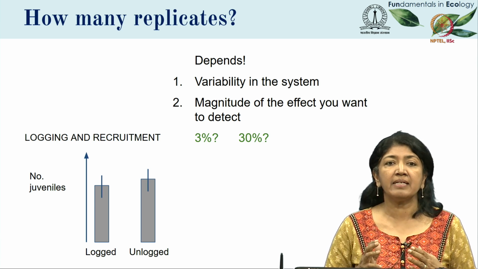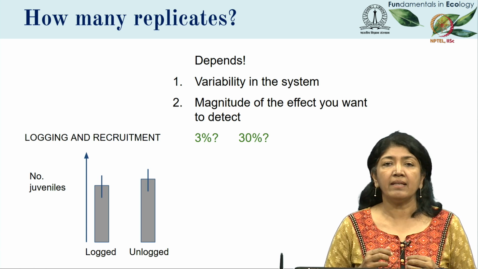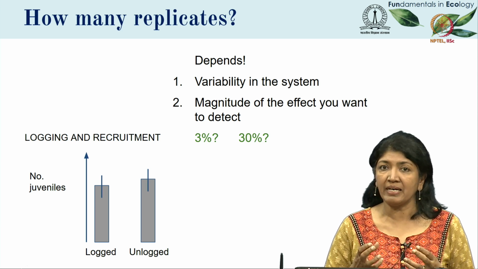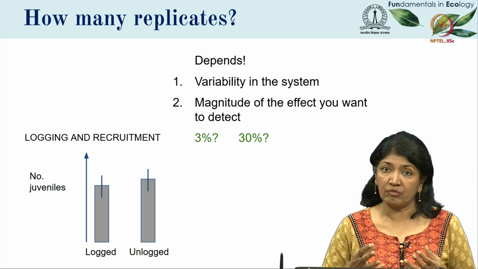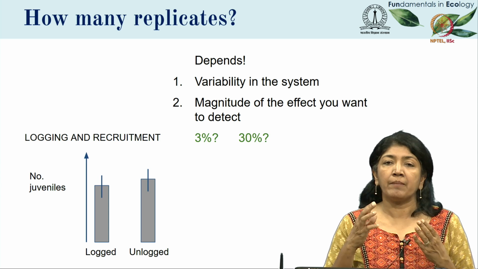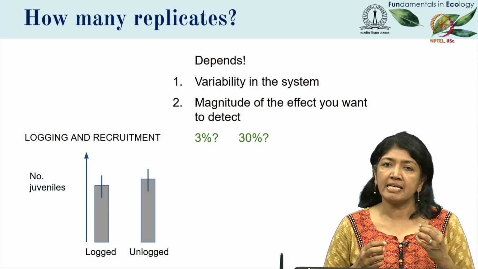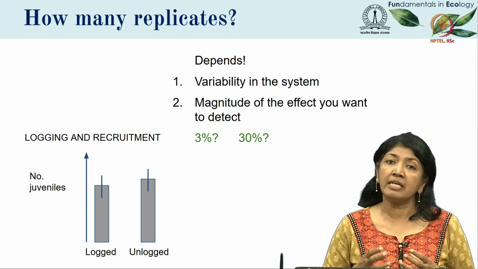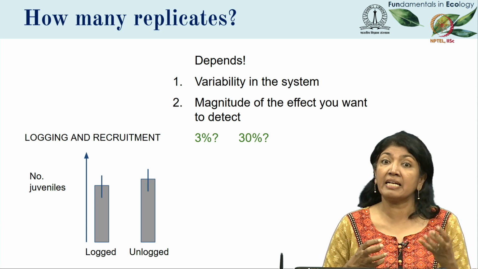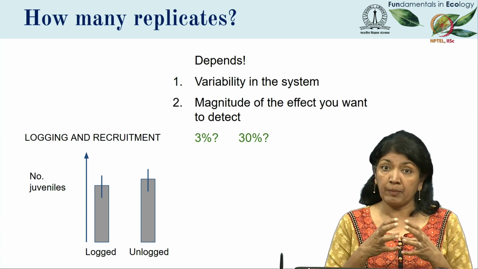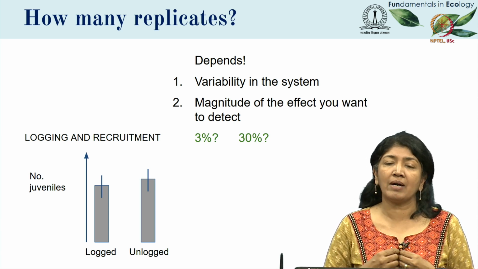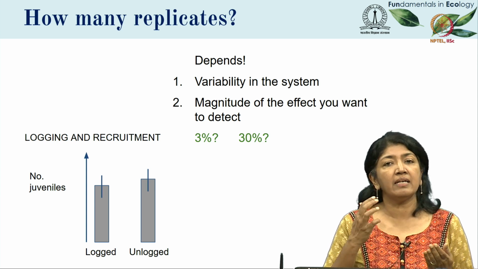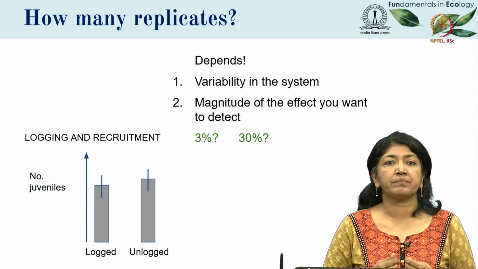So, let us say I am interested in understanding whether juvenile densities, so this is of a bird species that I suspect is affected by logging, that is the felling of trees in a forest, and what I would like to do is see whether the number of juveniles or the abundance of juveniles who represent the future reproductive component of the population. So, I am interested in whether the number of juveniles varies between logged and unlogged forests.